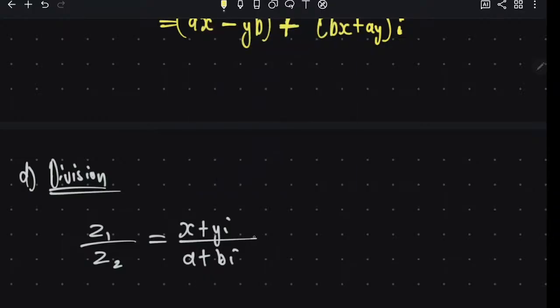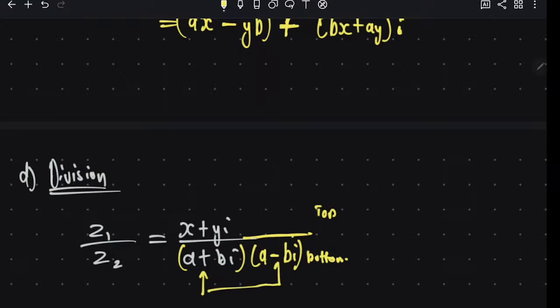What it just means is you need to multiply the top and the bottom by the conjugate of the bottom. So this is A plus BI, so we should multiply by A minus BI. Conjugate means you change this plus to make it a negative. Everything else remains the same.